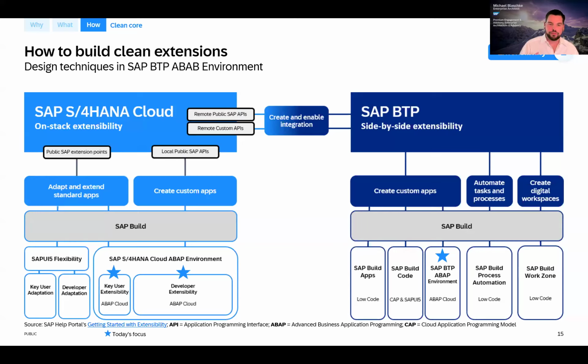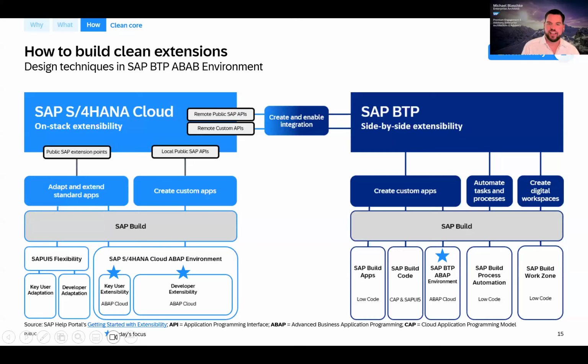Application development through SAP Build Apps is one option for low-code development. SAP Build Code here offers opportunities for pro-code development, and SAP BTP ABAP environment for ABAP developers who want to leverage their existing skills in the cloud. As said, let's emphasize our special focus on the SAP BTP ABAP environment here.